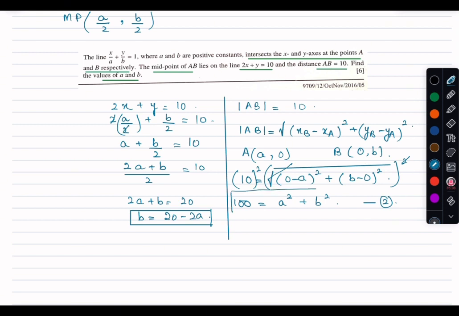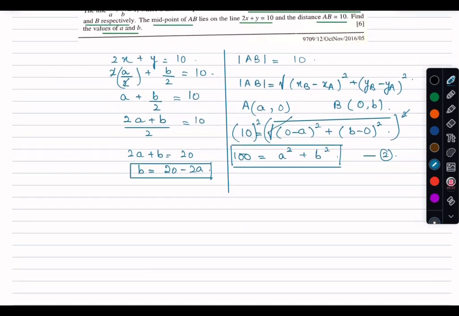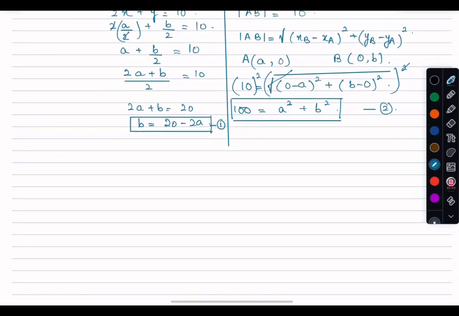So this is the second equation which I have in terms of a and b here. That means if from the first information with respect to the midpoint, I had b equals 20 minus 2a, I can substitute that in the second equation.